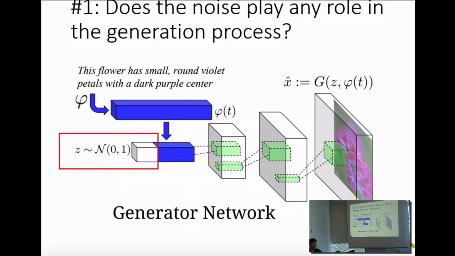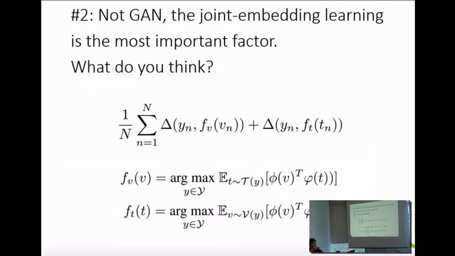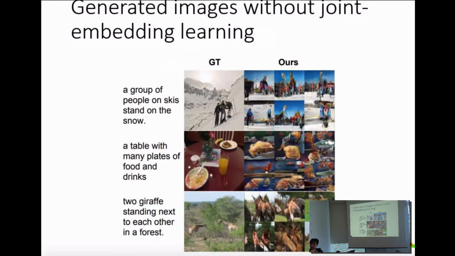And another thing is that this part contributes to the image quality. As I told you, the examples shown are from a dataset that already has the label information they learn from. But if, for example, it is from the Microsoft COCO dataset, which doesn't contain the class information, they cannot learn the embedding at the beginning.